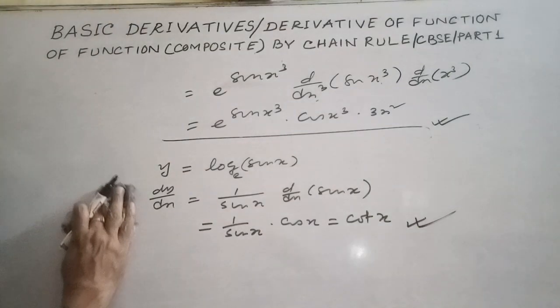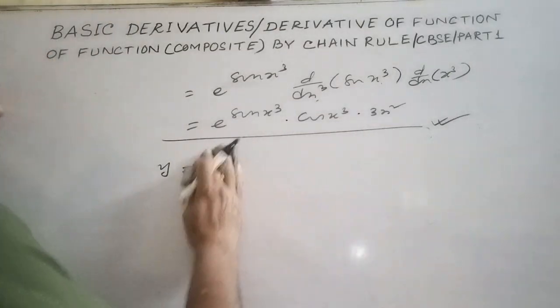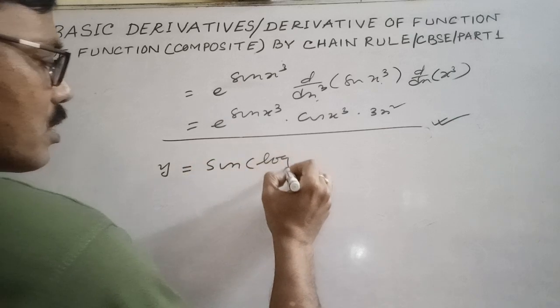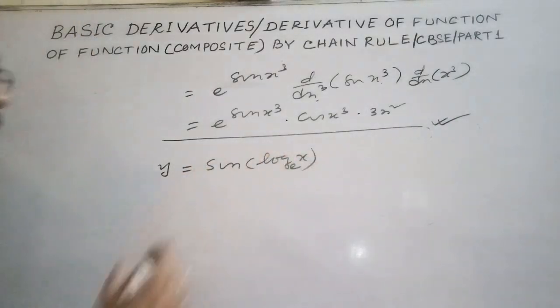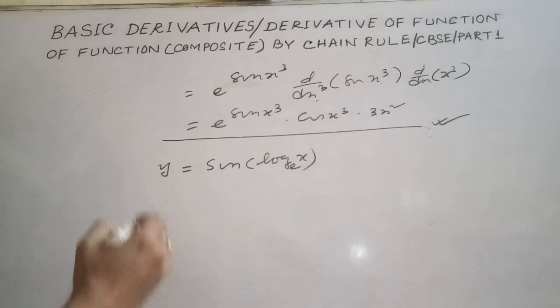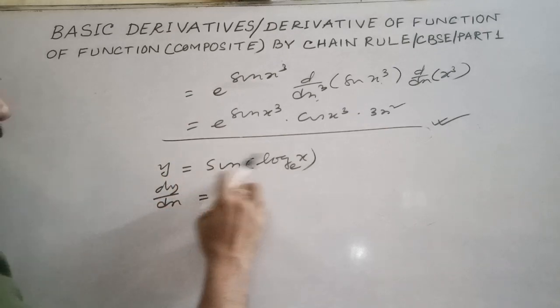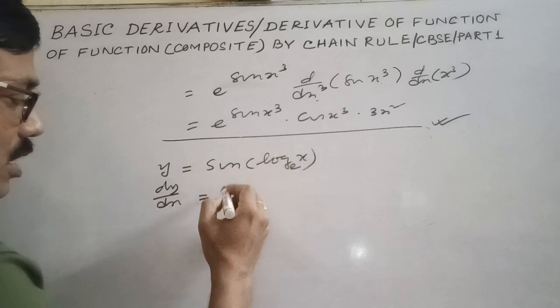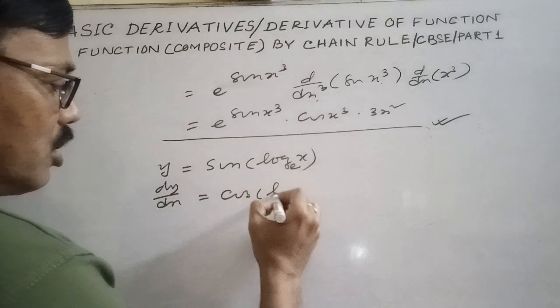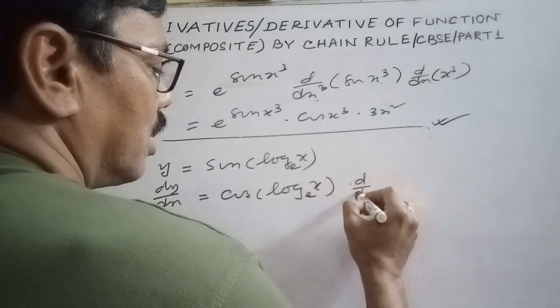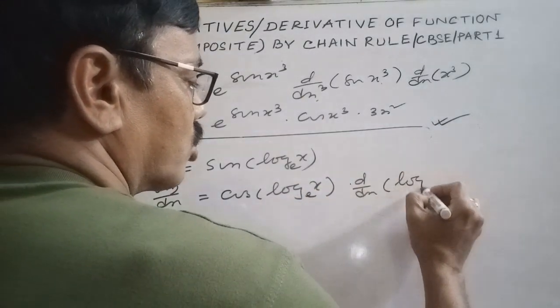Now look, if we reverse the function, suppose y equals sine log x, base is e. So what is dy by dx? The main function is not log, the main function is sine. So the derivative is cos, then d/dx of log x.